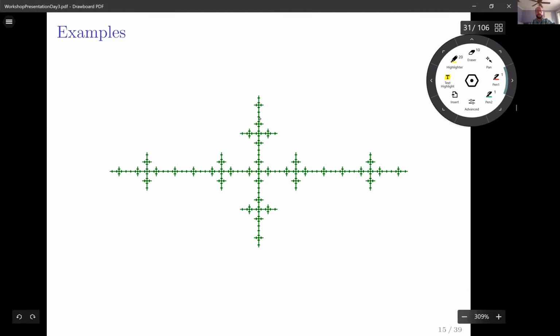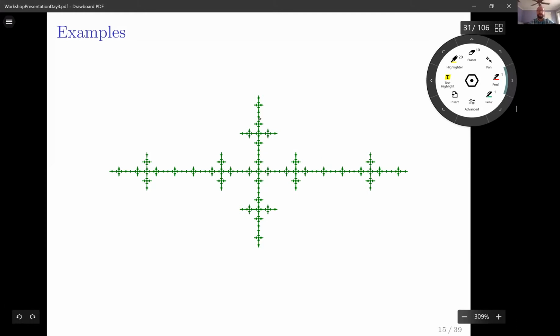So a more typical example of a dendrite is something like this. Now this is a model of something that looks a lot like a Julia set. If you're familiar with complex dynamics, this is a fractal. Right? There's a lot of self-similarity here. If you took this region here, blew it up, you'd have something that was basically the whole space.